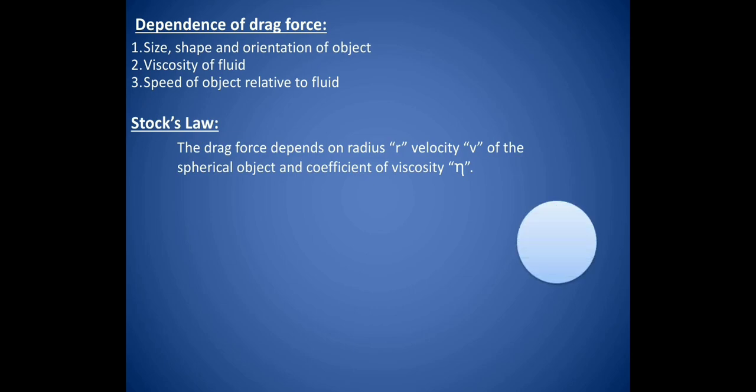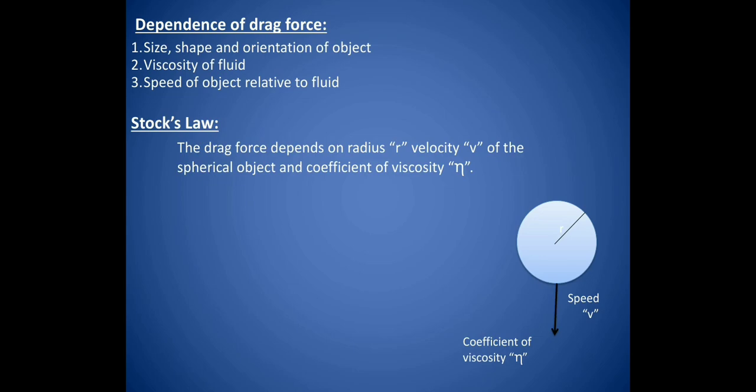Here is the diagram: a spherical object having radius r and moving with speed v, right? The area outside the sphere is known as the medium. Sorry, it is not coefficient, it is the medium.